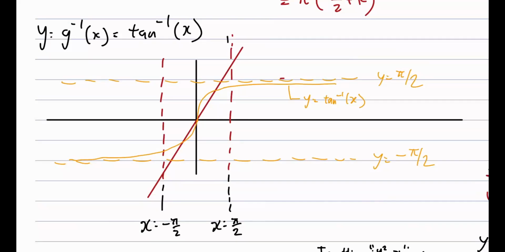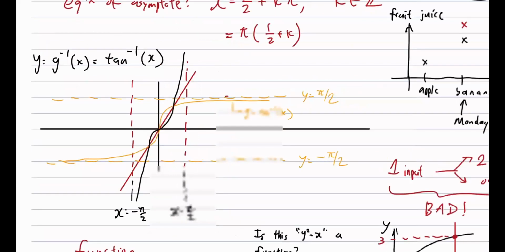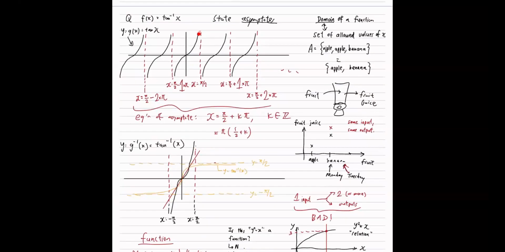So what you may be arguing is, how come I only drew one curve here when there are actually multiple curves? What happens if I include another curve and I try to reflect it?